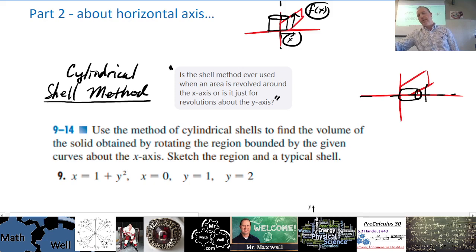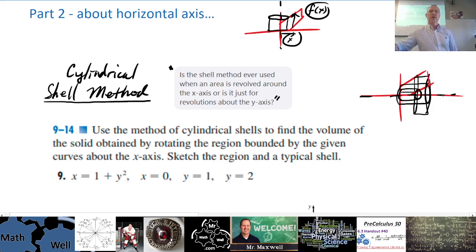We're going to have these shells looking like this, and so on. And then the shells are going to get shorter and wider and that sort of thing. So it's going to be the difference between the functions this way.